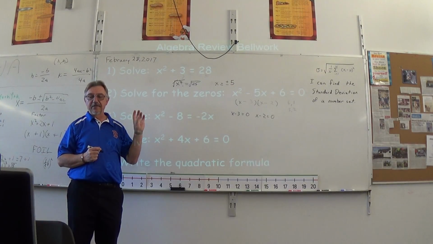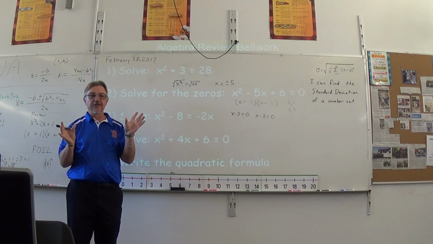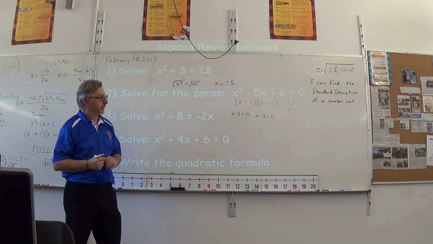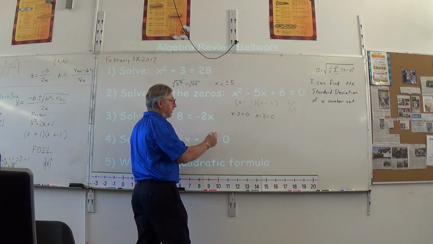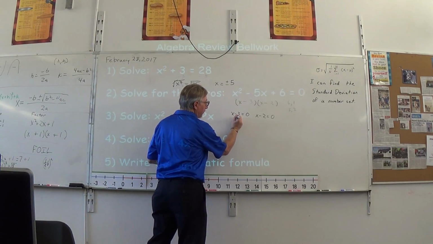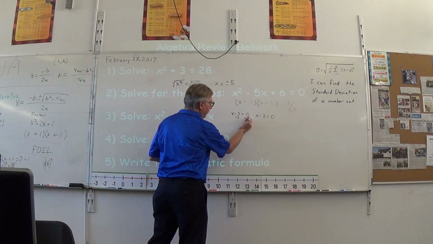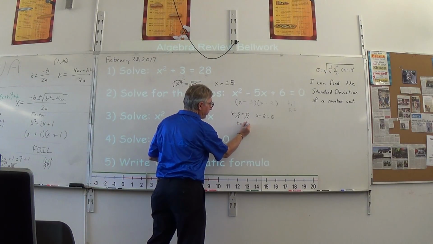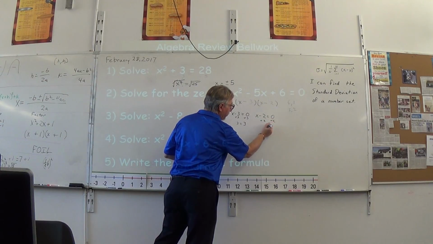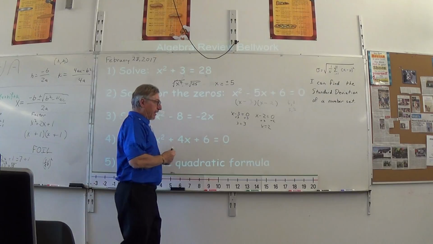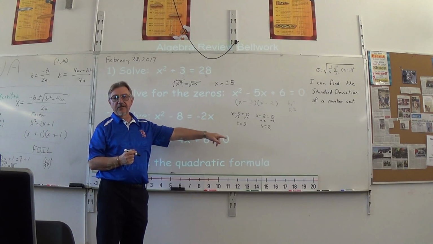I set each part of the equation equal to 0, and then I solve for x. So x minus 3 equals 0, what's x equal? I add 3, so x equals 3. Over here I add 2 to both sides, so x equals 2. So I have 3 and 2.